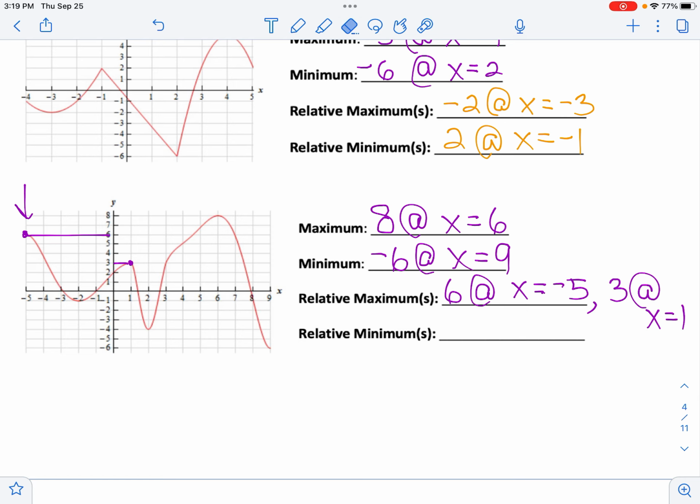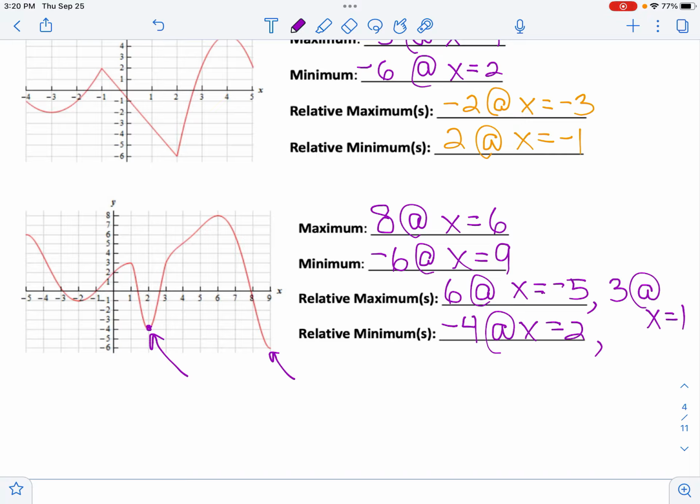Okay, and now let's do a relative minimum. So it looks like I got 2, one here and one here. Okay, so that would be, I'm sorry, that would be -4 at x equals 2.